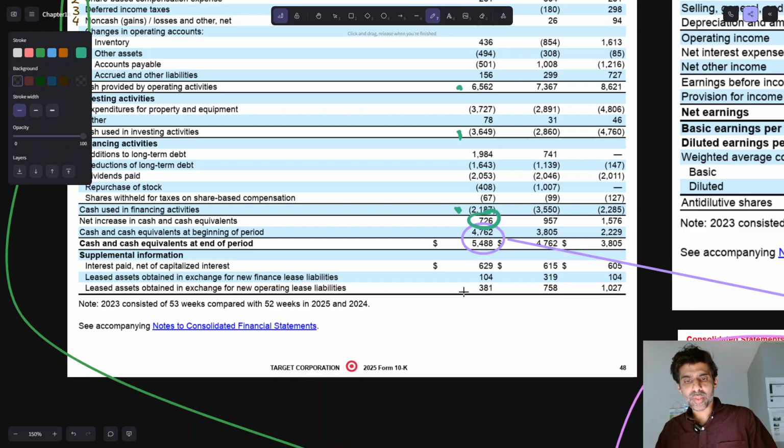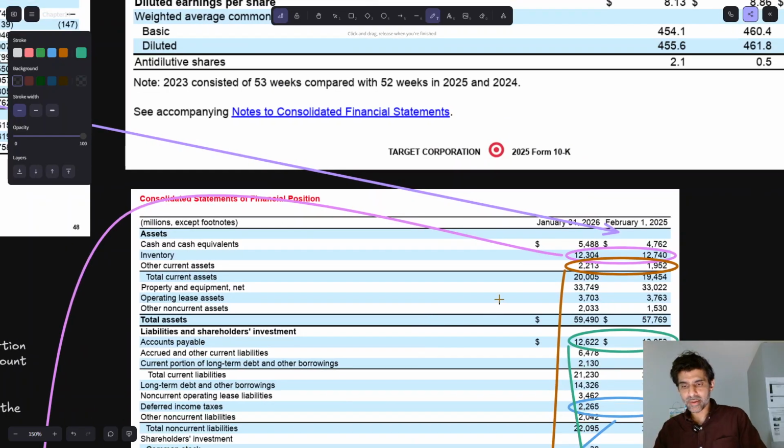If you took this plus this plus this, you have an increase in cash, and that exactly explains the cash increasing from the beginning of this period to the end of this period, right? And you can see again from here to here, you fully reconcile that change. Okay, makes sense?